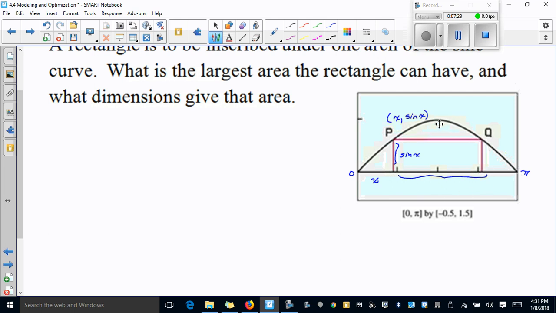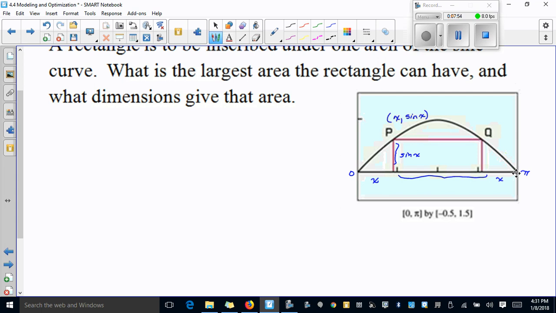But we do know that the sine wave is very symmetric. So you get pi over 4 and 3 pi over 4, you get the same y value out of it. So we can also claim that this is x as well, and this is just coming from symmetry. To get the same height, from 0 in has to be the same as from pi in.